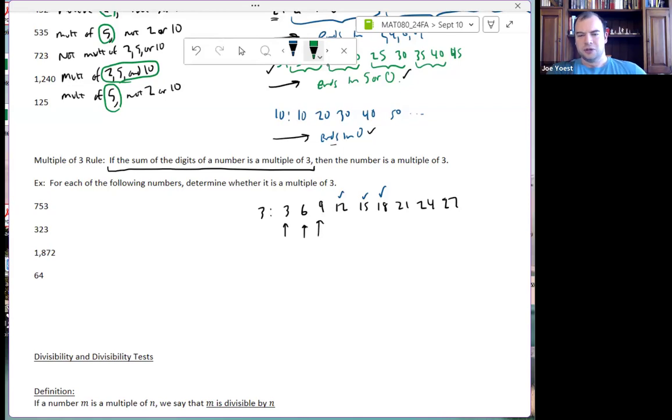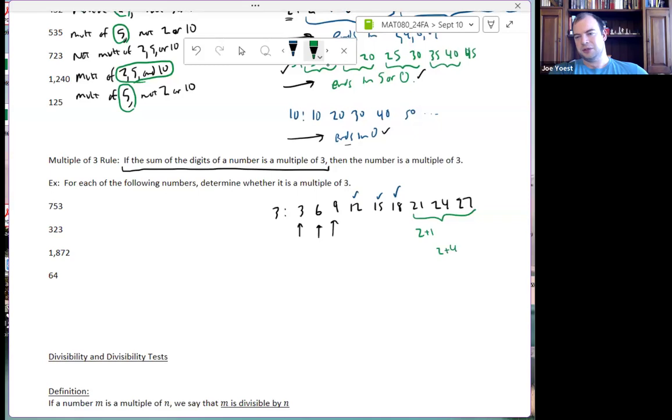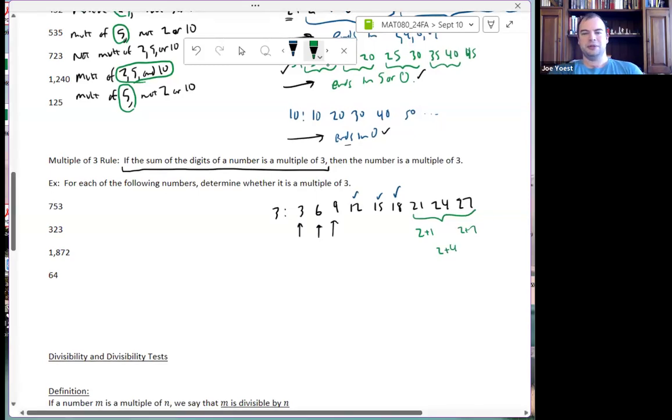I can see the same for these 20s as well. 2 plus 1, 2 plus 4, 2 plus 7, 3, 6, and 9 again.